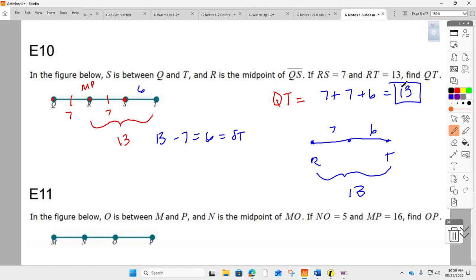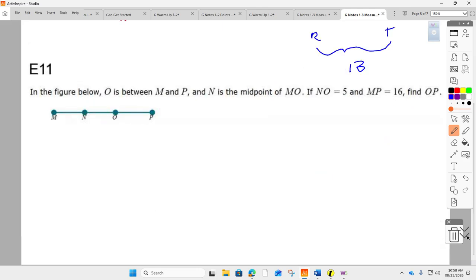All right. Let's go ahead and mark our figure for example 11. You guys try to mark the figure. See if you can mark the figure in example 11. I think this is our last one.